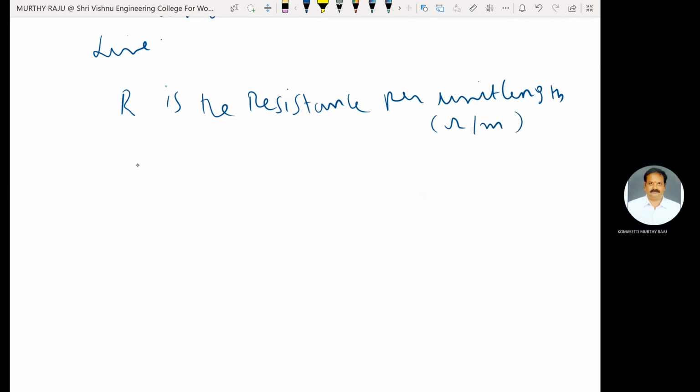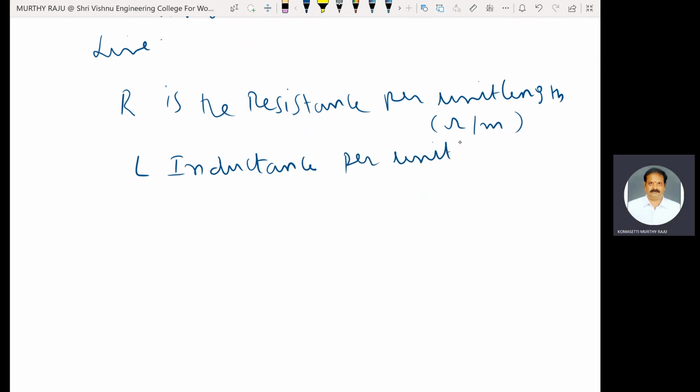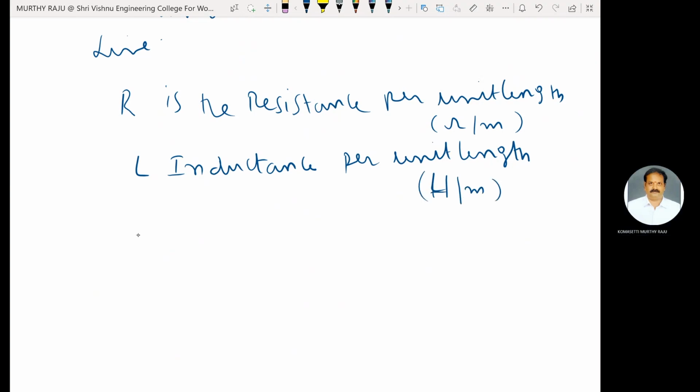Next, L is the inductance per unit length, that means Henry per meter.